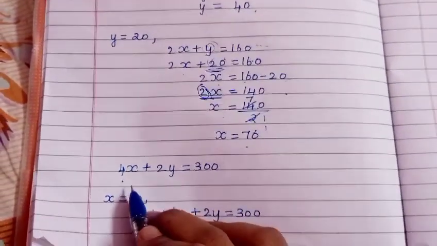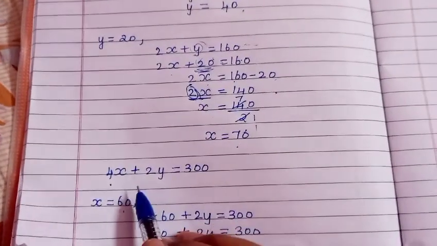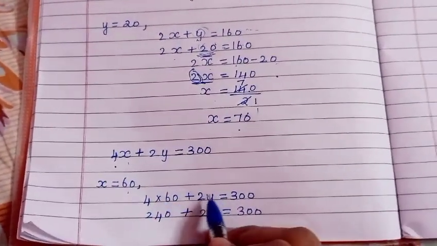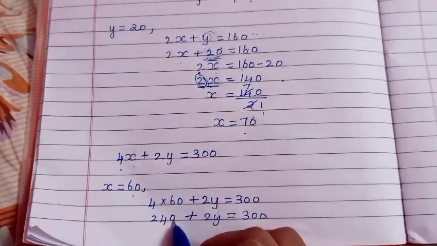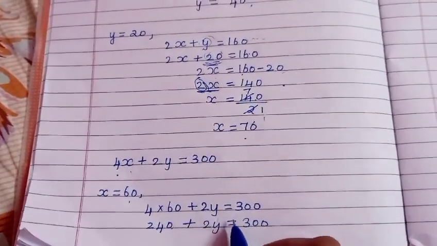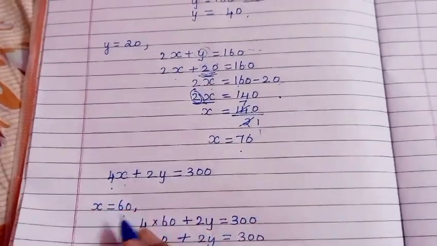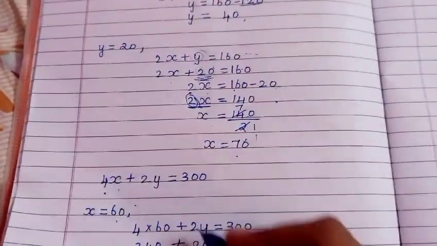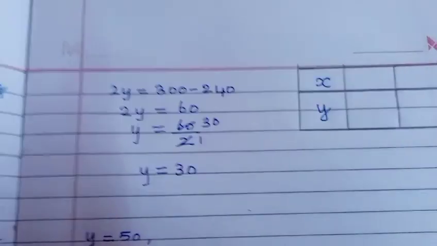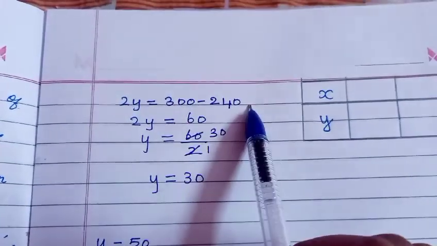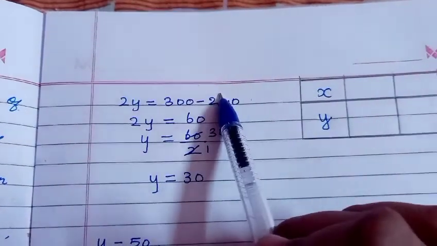Now I'm going to take x as 60, and 4 times 60 plus 2y is equal to 300. 4 times 60 is 240, plus 2y is equal to 300. Now when I take x as 60, I'm going to find y. When you transpose 240 to the other side, it becomes minus 240.